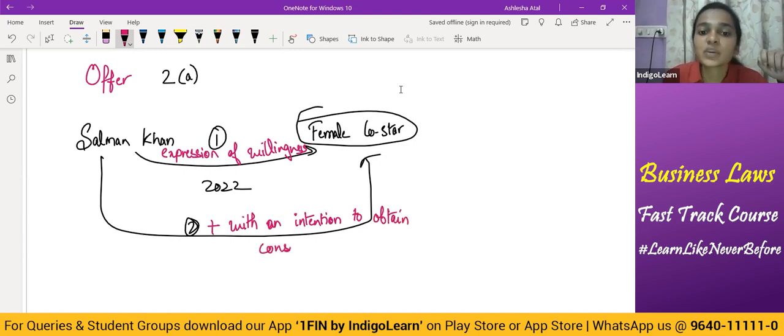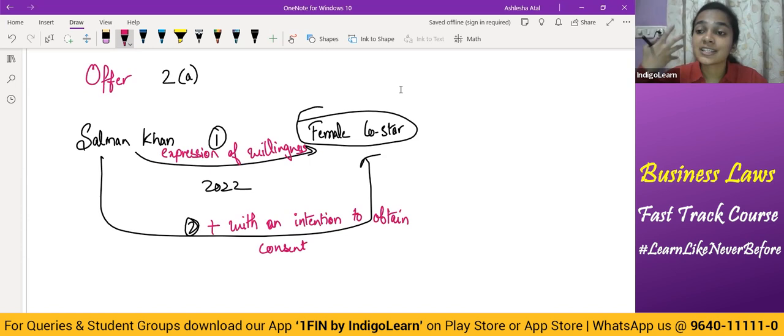In which situation will an offer come into place? First situation or the second situation? Second situation. In the first situation, there's no offer coming into existence. However, in the second situation, there's an offer coming into existence. And what makes an offer? Expression of willingness with an intention to obtain the consent of the other party makes an offer.